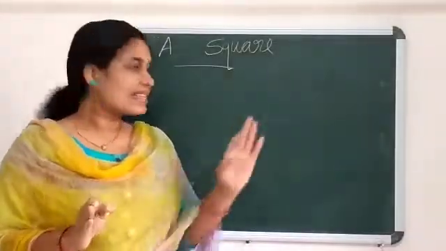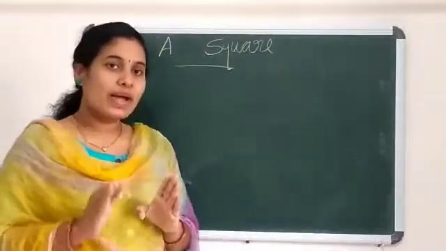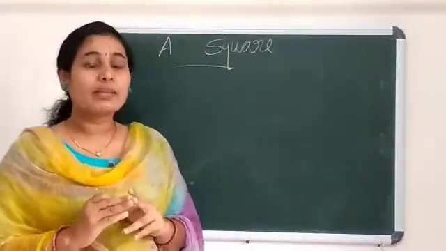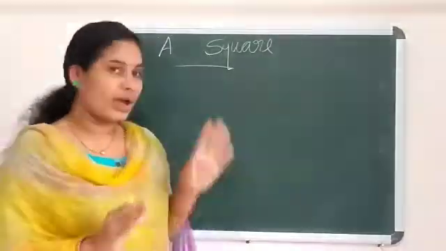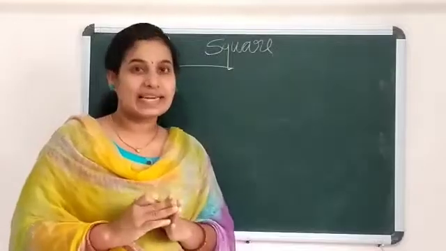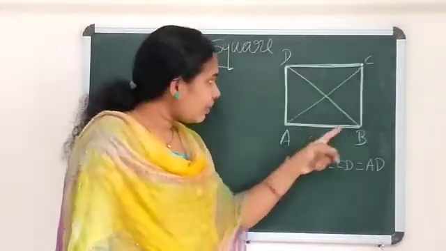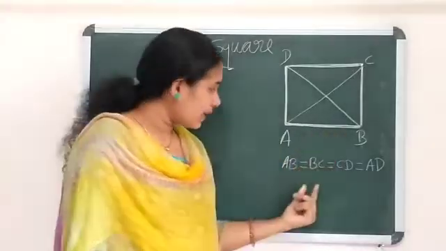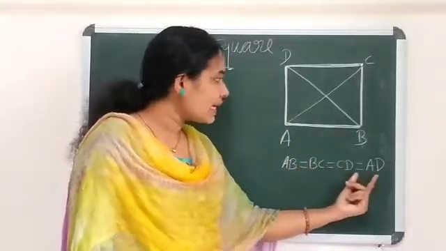Now we are going to discuss a square. A square is a quadrilateral and also a type of parallelogram. What is the speciality of a square? You all know. The speciality of a square is that all four sides are equal. Here ABCD is a square, so we know the four sides are equal: AB equal to BC equal to CD equal to AD.